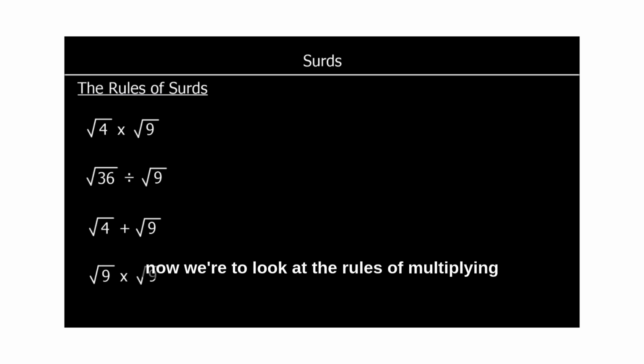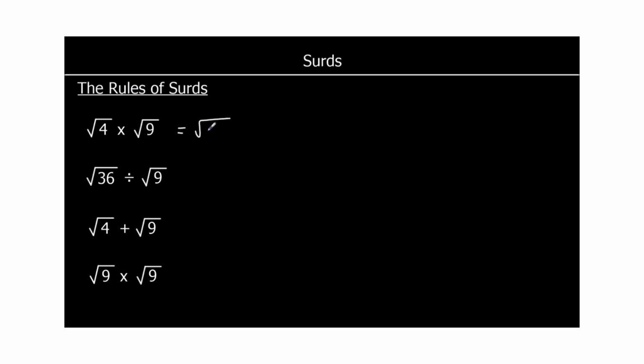Okay, now we're going to look at the rules of multiplying and dividing square roots. I haven't actually picked surds here. I've picked square roots that we can write as whole numbers, and that will be useful for showing you that these rules work. So the first one, I've got root 4 times root 9, and root 4 times root 9 is the square root of 4 times 9. 4 times 9 is 36.